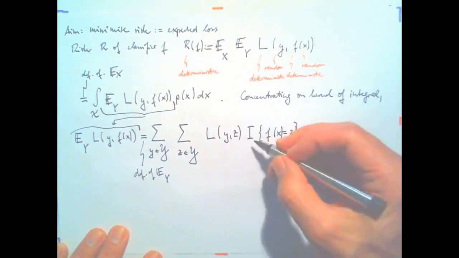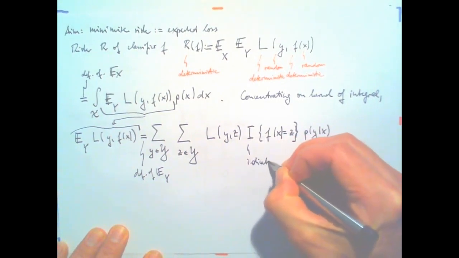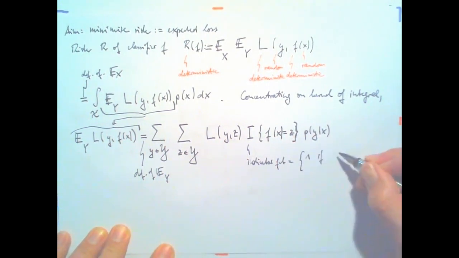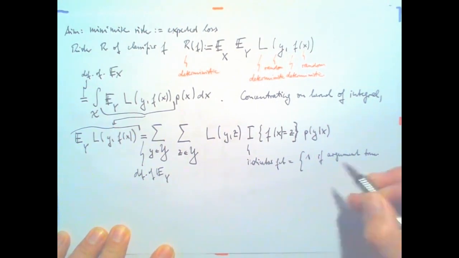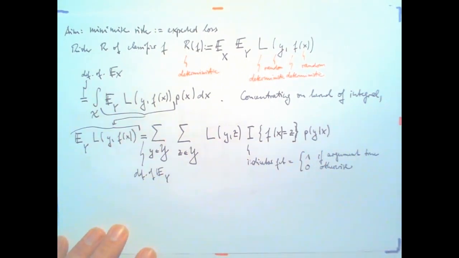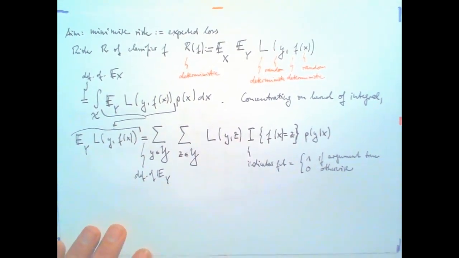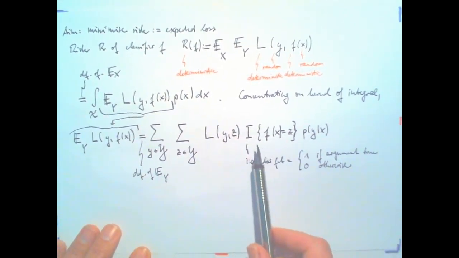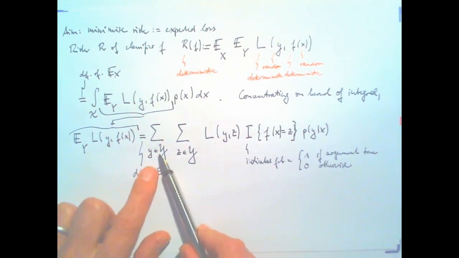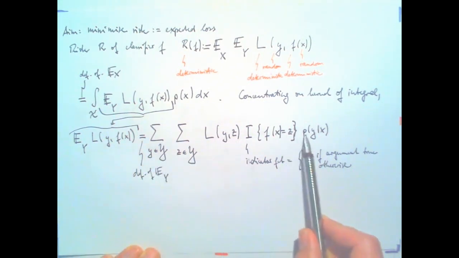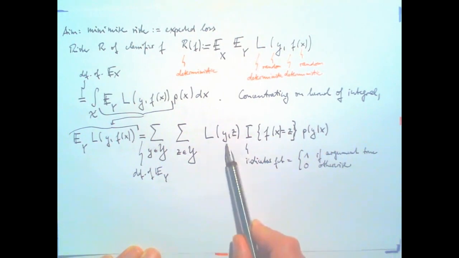And I just wrote this. This was an indicator function. The indicator function is 1 if its argument is true, and 0 otherwise. So this was a way of saying that I take a sum over all the labels that I could observe and take the weighted loss of these.